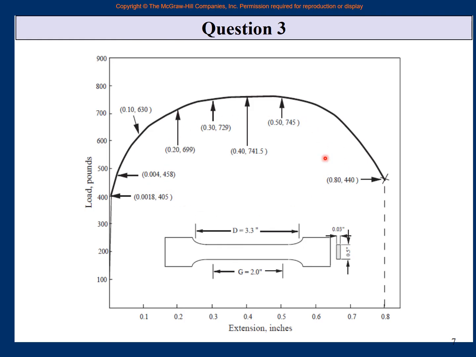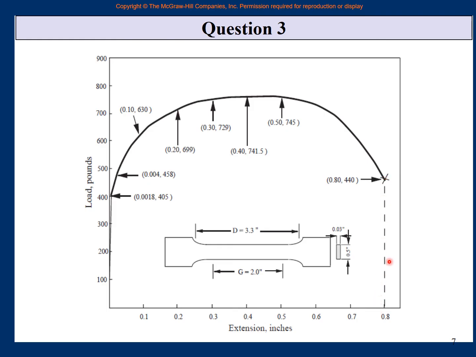See all of the points, this is the maximum. So from here you will find the ultimate strength. Ultimate strength will be from this point. This is the fracture point. So this is the fracture load from where you will find the fracture stress if it is required, and this is the fracture strain.